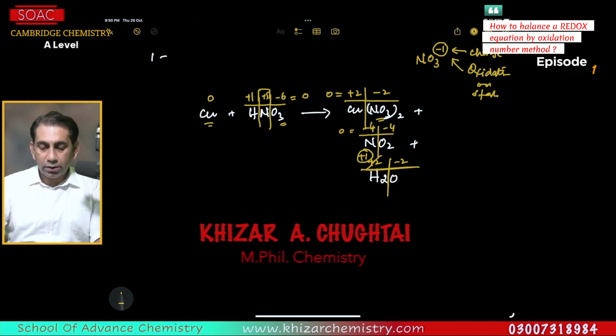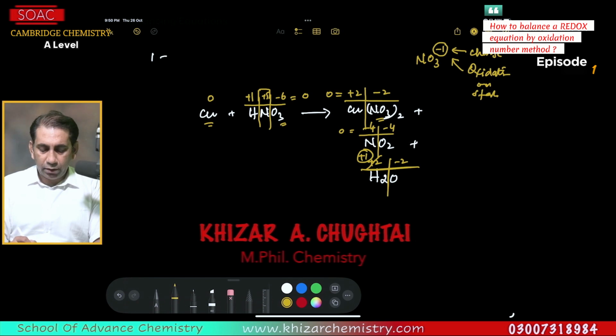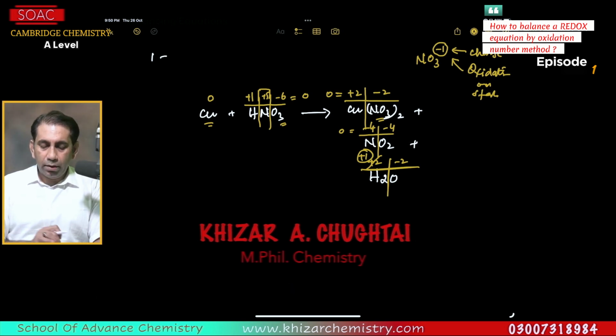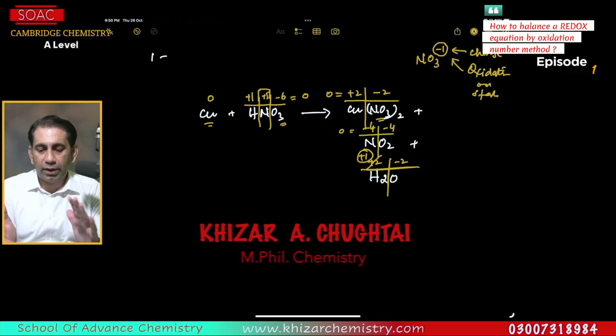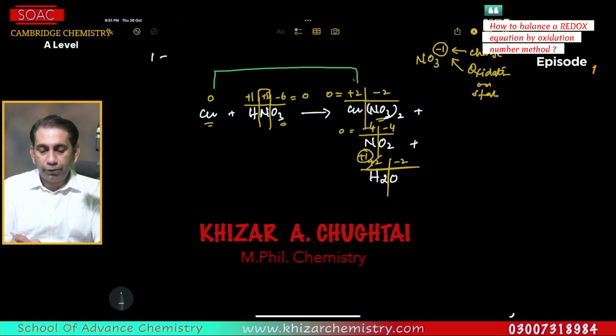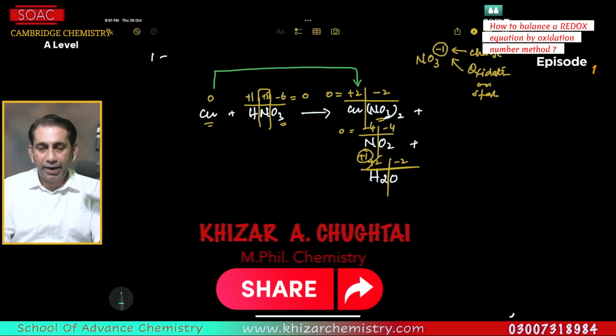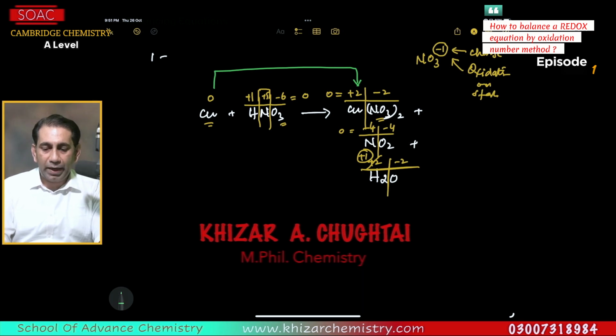We have marked the oxidation states on almost all species. Now let me compare the oxidation state of the different elements before and after the chemical reaction. Initially copper has 0 oxidation state, but finally it has made copper nitrate, so copper is +2.